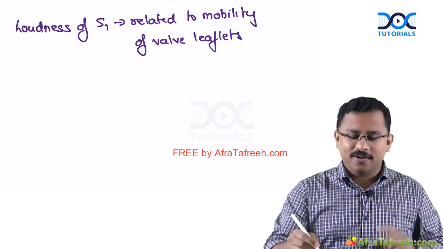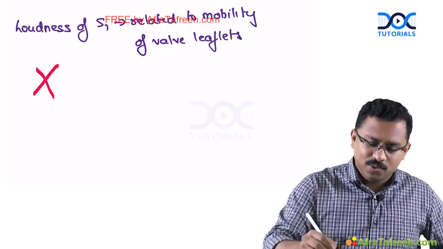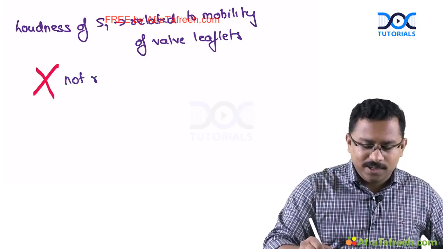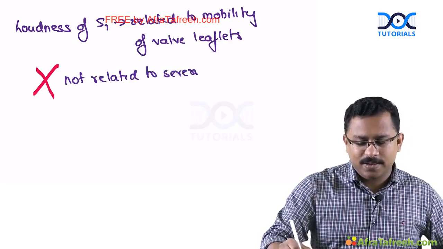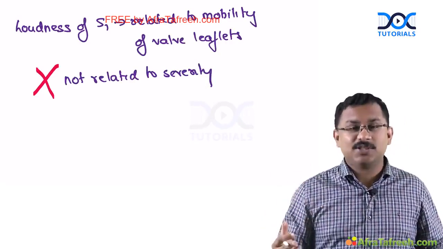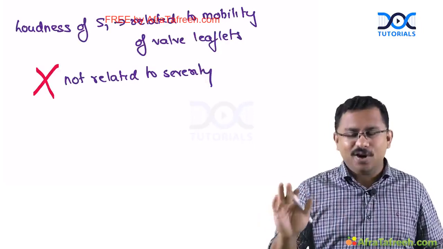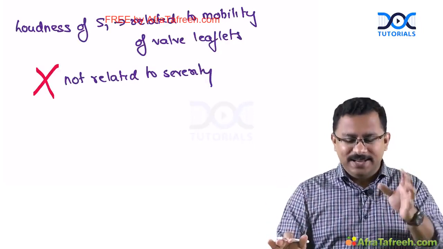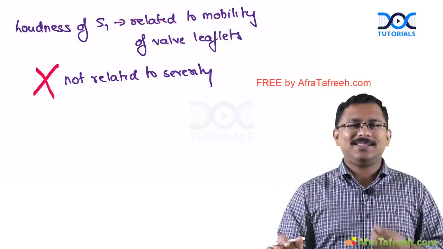It is not related to severity. This is very, very important to know. So don't think that a louder S1 means more severe MS. The loudness has no relation to the severity of MS. Very clear. So the first auscultatory finding, we are quite clear with this.